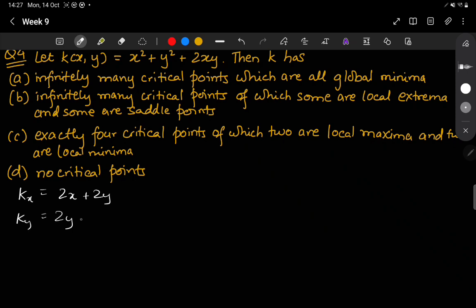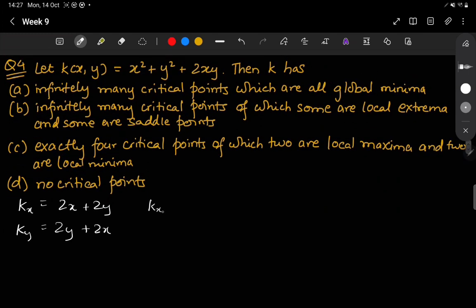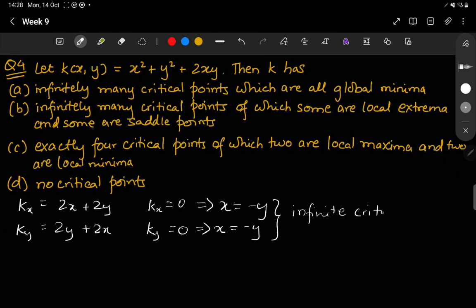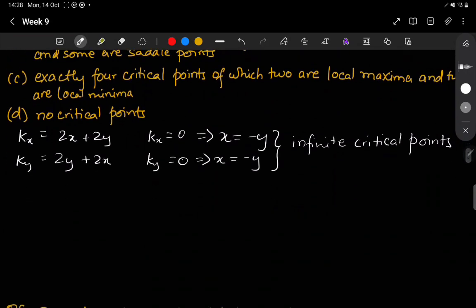Both these derivatives are actually the same for the partial first derivatives with respect to x and y. Now for it to be a critical point, this needs to be 0. So we get the following condition, and this condition means that there can be infinite possible critical points. So options C and D are ruled out.